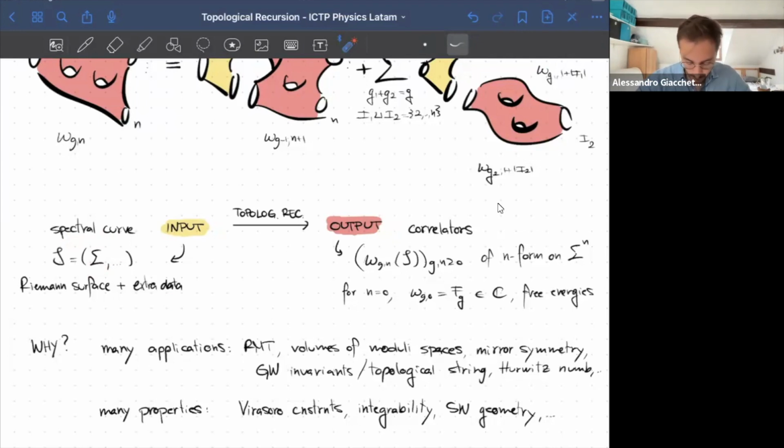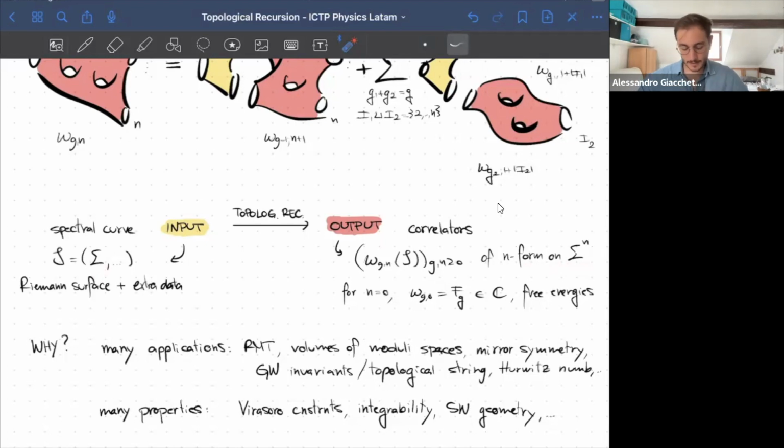And the outputs are called correlators. They are denoted with this omega g n's associated to the spectral curve S, and they are labeled by two integers g and n. These objects will be n forms on the nth product of the Riemann surface sigma.